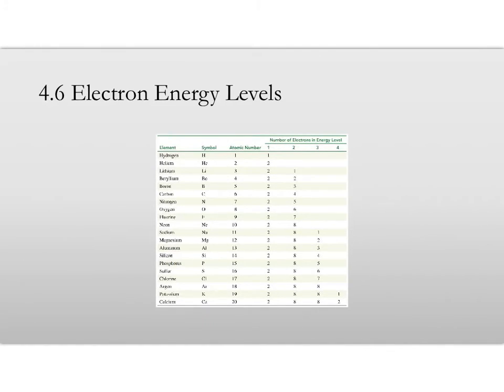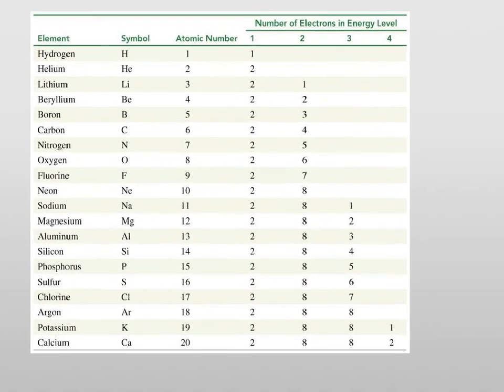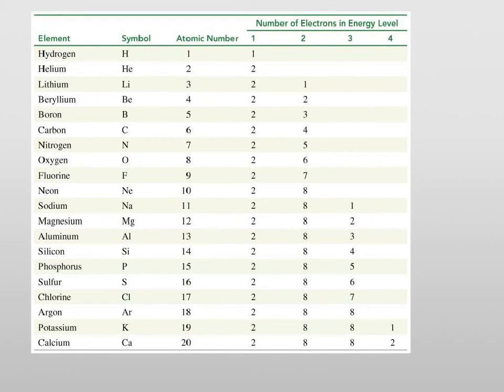The table here shows you the first 20 elements, their atomic numbers, their symbols, and then the number of electrons on each energy level. You can see, looking closely, hydrogen has 1 electron in the first energy level. All the rest of them have 2. Hydrogen and helium have 0 electrons in the second energy level. Lithium has 1 in that second. Beryllium has 2, boron 3, carbon 4, nitrogen 5, oxygen 6, fluorine 7, neon 8, and then all the rest have 8.